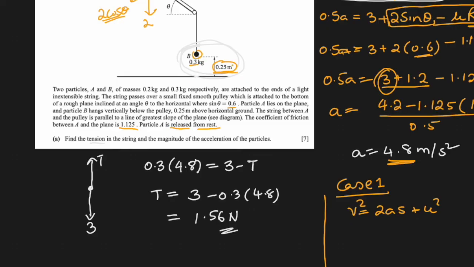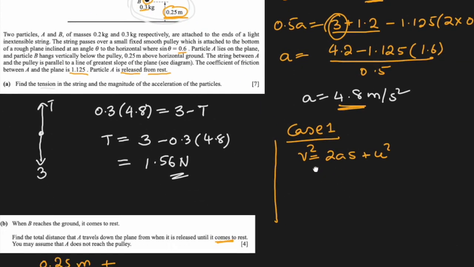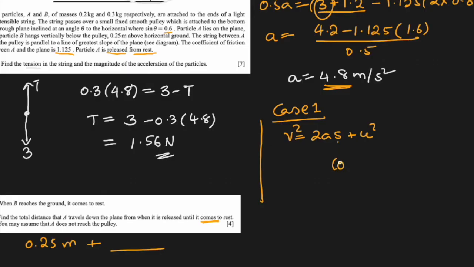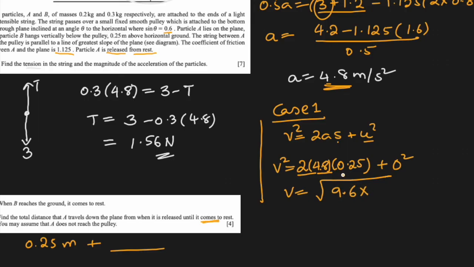So 0.25 meters was the distance they traveled. So s is 0.25. Acceleration in that case was 4.8. So 2 times 4.8, it started from rest, and we'll get v. So v squared becomes 2 times 4.8 is 9.6 times 0.25, which is 1/4, square root of 2.4.